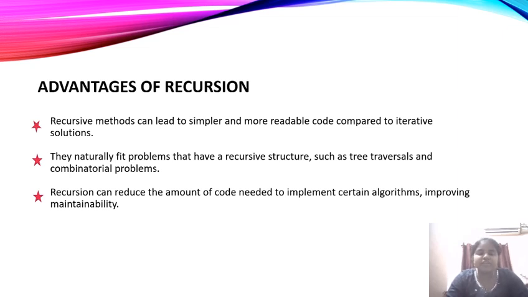This naturally fits problems that have a recursive structure, such as tree traversals and combinatorial problems. Recursion can reduce the amount of code needed to implement algorithms and improves manageability.